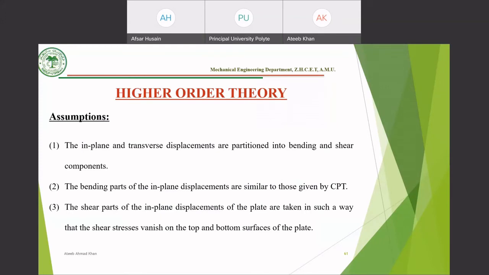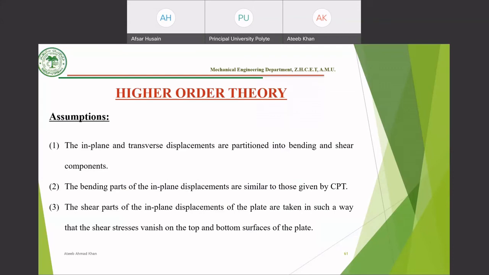Now, since we have talked a lot about higher order theories, and this is again a third order theory which we are calling higher order theory, this is a good time to tell you why we don't use a fourth order or fifth order or nth order theory. Obviously, if we keep on increasing the order of the theory, the results will improve. But as in the case of third order theory, when we move from first order theory to third order theory, the results improved significantly.